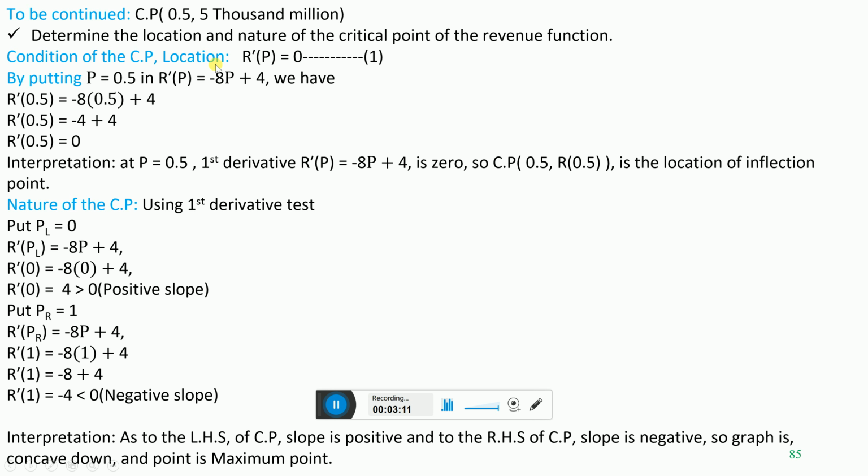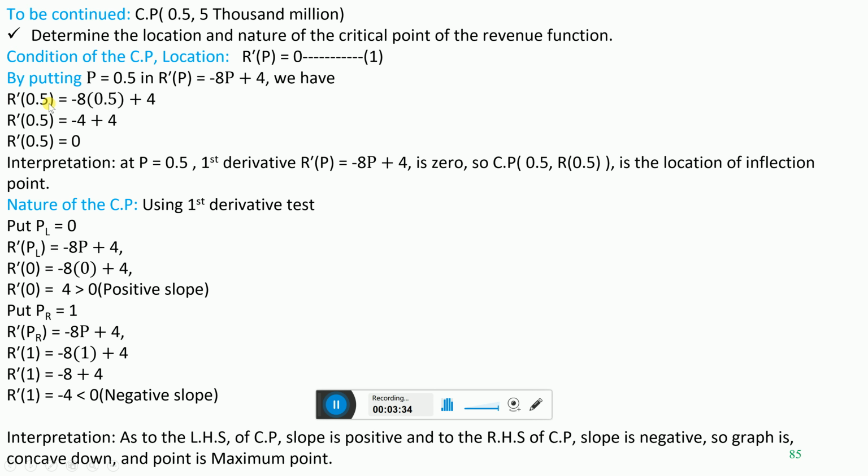So let me check that for the P value 0.5, the first derivative R prime of P is equal to minus 8P plus 4 is equal to 0 or not. I am replacing P with its value 0.5 in this first derivative of the revenue function.